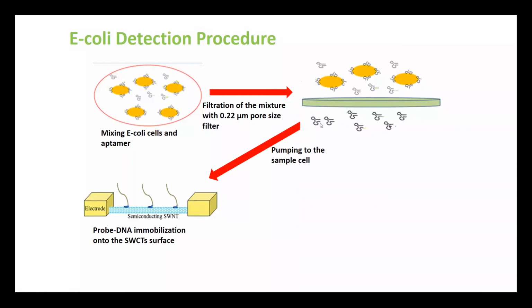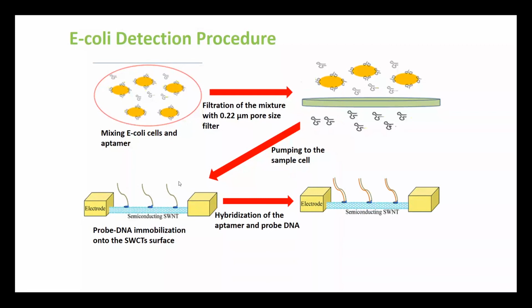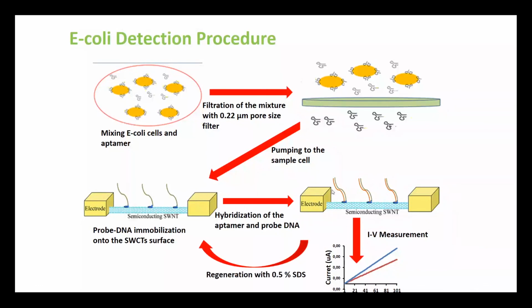And then we pump this sample, the unbound aptamer, to our sensing surface. So they hybridize with each other because they are complementary. They hybridize, and then we make the IV measurement. We measure the conductance before and after injection, and then we perfectly regenerate the surface, because the DNA immobilized on the top of the surface is super stable.